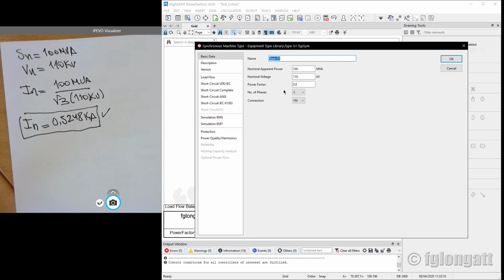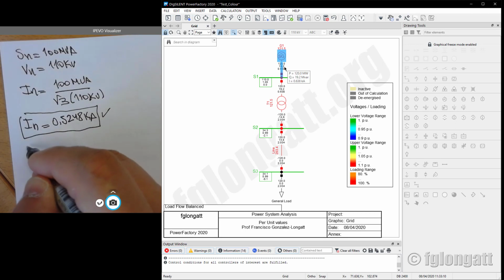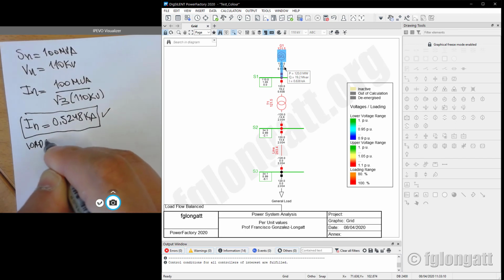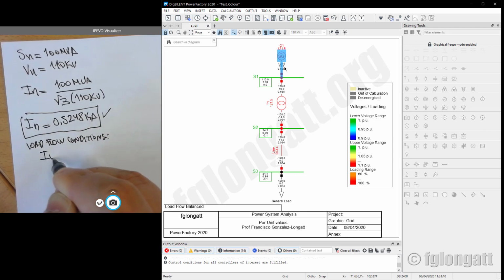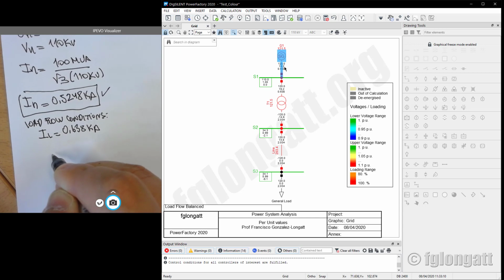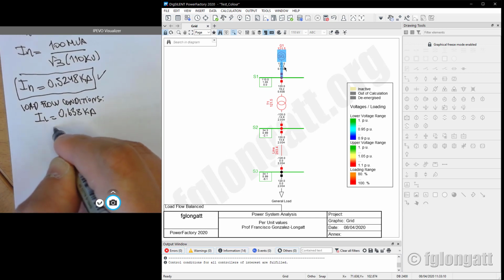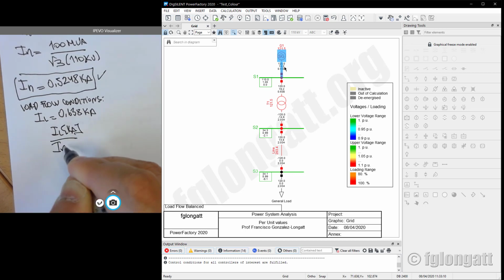Now what I need to do is look at the load flow that is here in PowerFactory. The load flow conditions, in this case the load, is 0.638 kiloamps. And now what I want to do is the following. What happens if we divide the load in kiloamps by the nominal current of this generator?